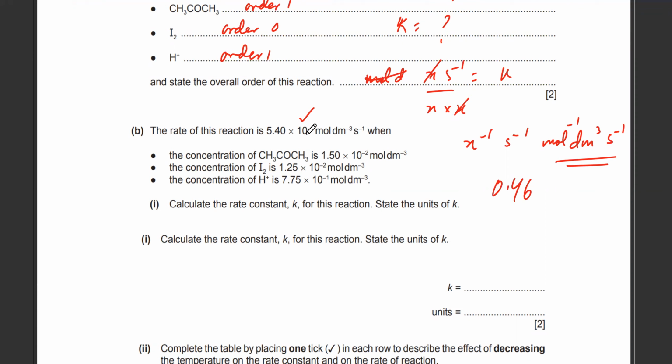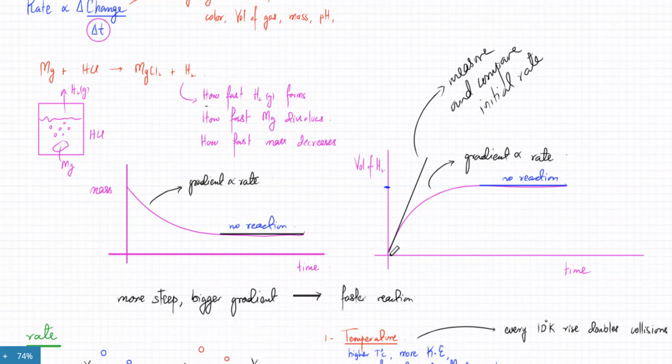And right at the beginning, it's very fast. So just to get a constant rate value, what is done is that you always measure the initial tangent. कि start में क्या था, right at the beginning. You always measure and compare the initial rate. You don't measure the rate after 5 minutes or after 10 minutes. Hamesha start wala.